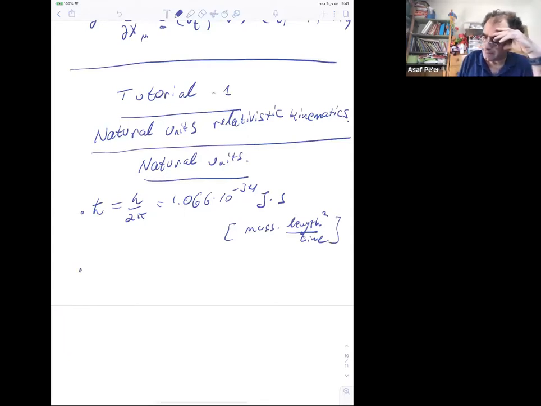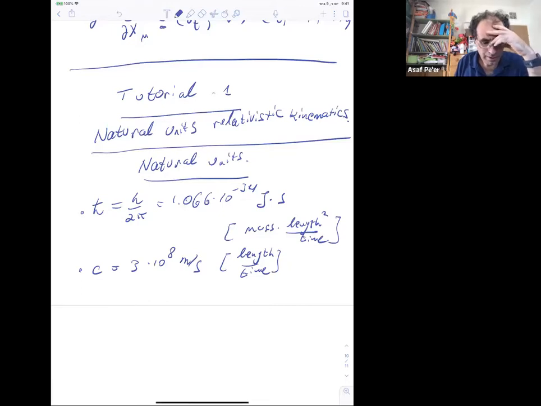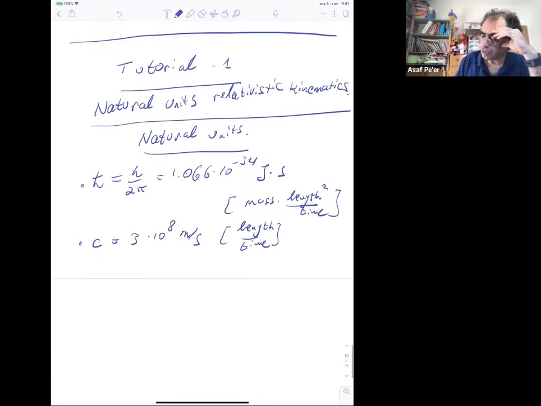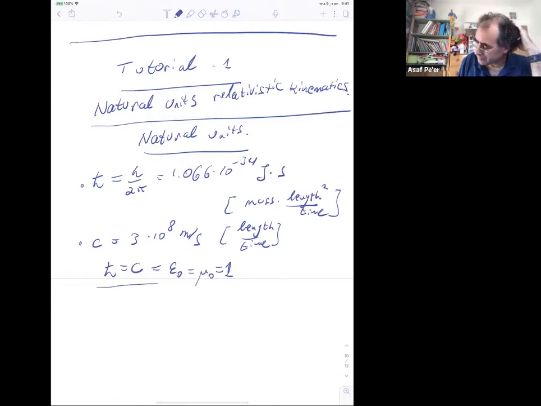And then c, 3 times 10 to the 8 meters per second, units of length over time. And we choose to work with H bar equal to c equal to 1. Also, in electrostatics and magnetostatics we have epsilon zero and mu zero, the vacuum permittivity and permeability. We have epsilon zero equal to mu zero equal to 1. These are the units that we work with.